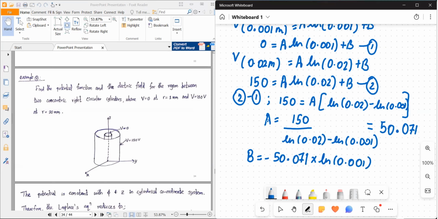So then we'll know what is the value for A and what is the value for B. Then we can substitute those values to determine the potential function.